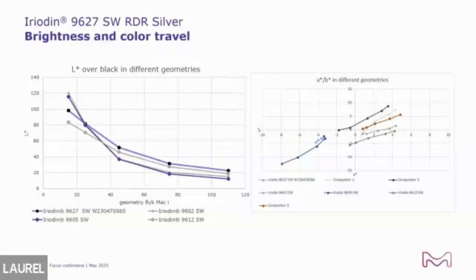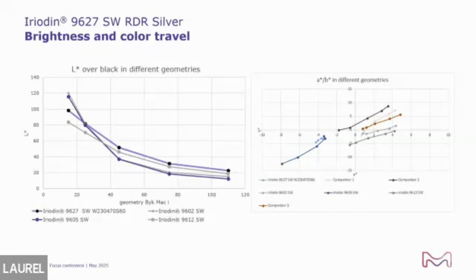And the color travel, this is A versus B. You can see the gray silvers all lie on the red-yellow side. I don't have a pointer, but those 4 lines are all on the red and yellow side. The 9627 and 9605 are on the blue side.